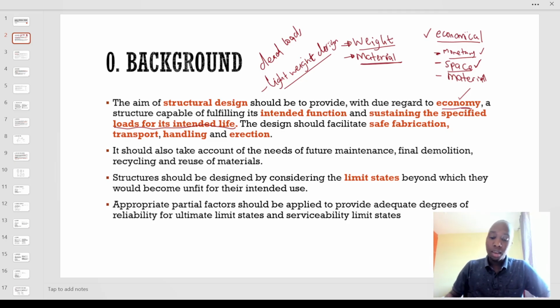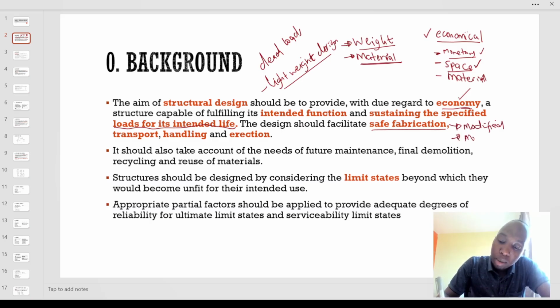It should also facilitate safe fabrication, modification and manufacture, because when you talk of steel, sometimes we cannot produce steel with certain shapes.